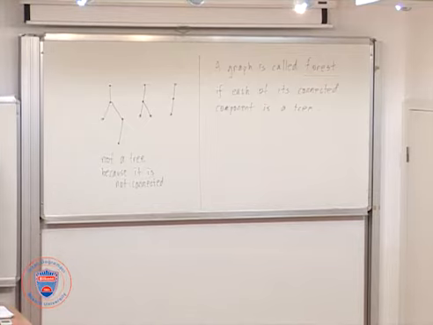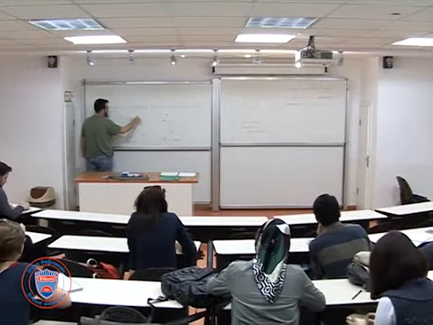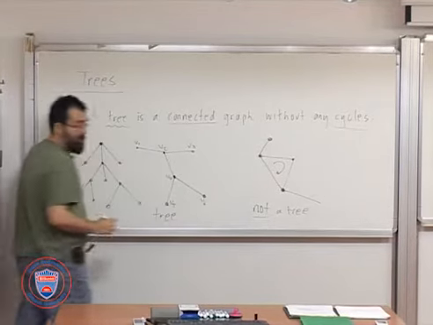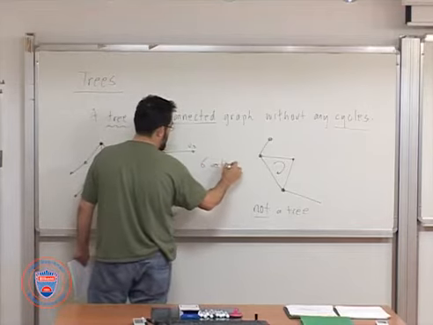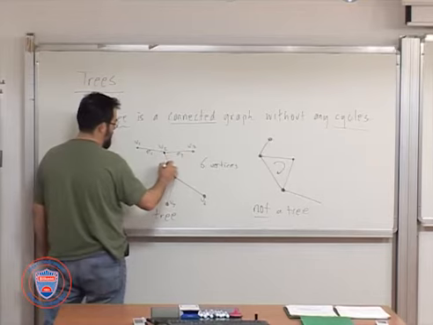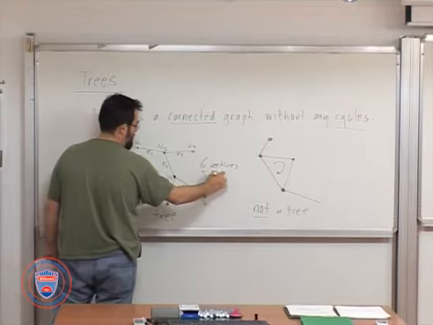So if you look at this tree, for example, you have 6 vertices. And if you look at its edges, you have exactly 5 edges.